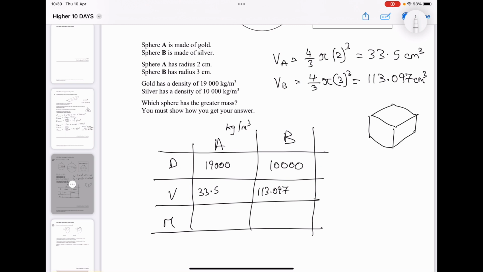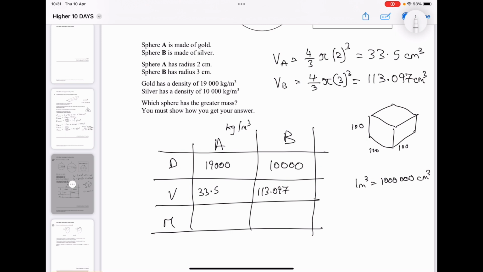A metre cube is actually 100 centimetres by 100 centimetres by 100 centimetres. So in fact, 1 metre cube equals 1,000,000 centimetre cubes. So what I could do here is change the kilograms per metre cubed into kilograms per centimetre cubed by dividing through by the million.